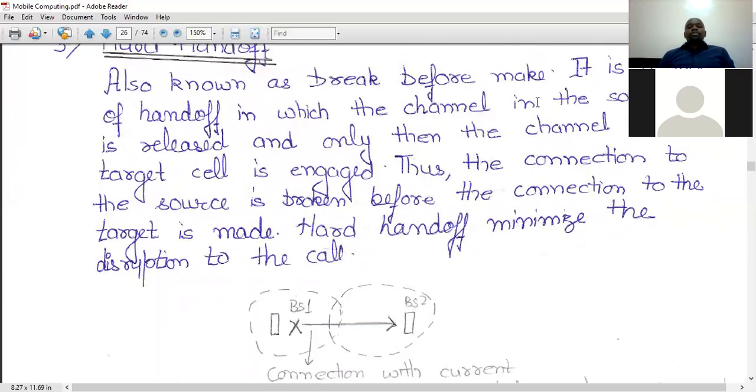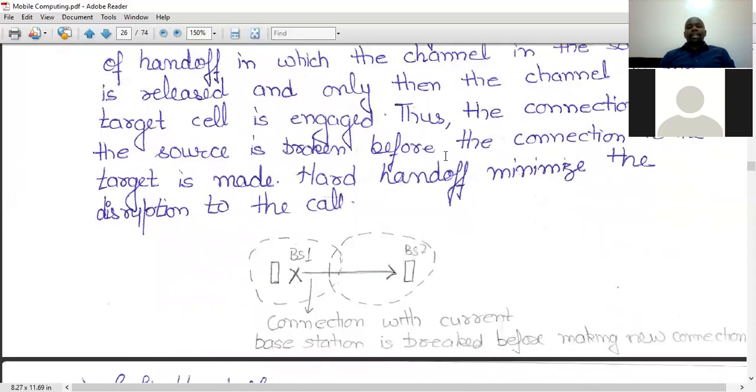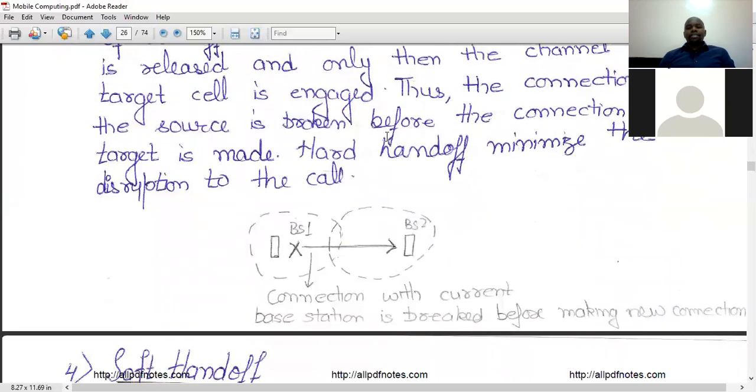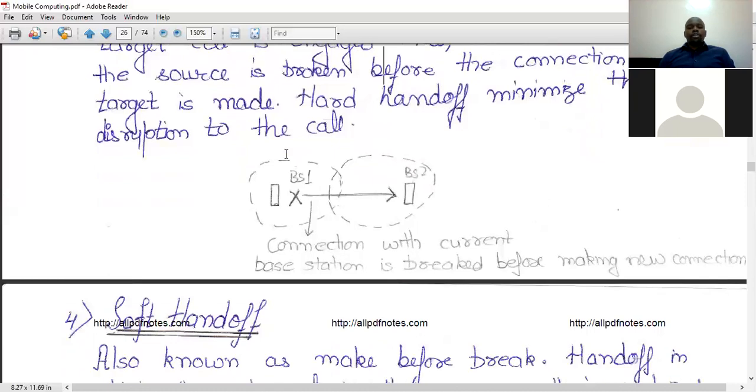So hard handoff is a type of handoff in which the channel or the frequency in the cell you're coming from is released, and only then the channel in the target cell is engaged. Thus, the connection to the source is broken before the connection to the target is made. All right, so we are saying that hard handoff minimizes the disruption to the call.